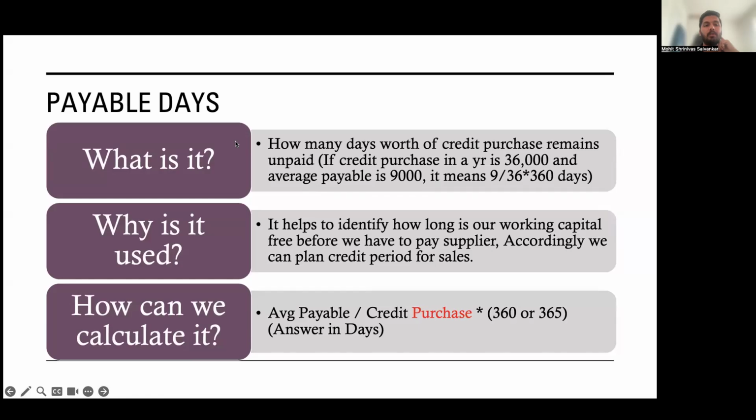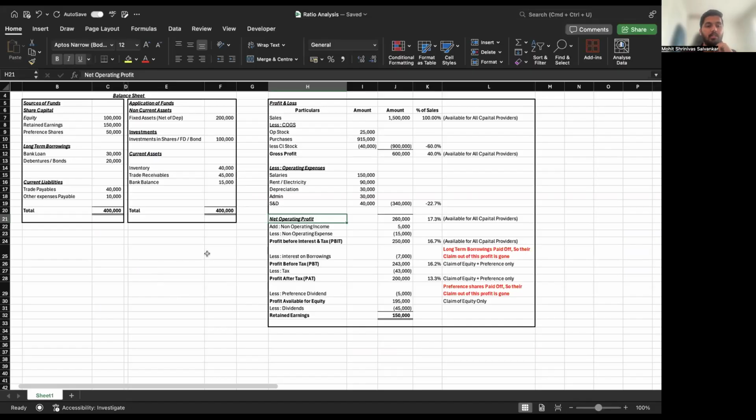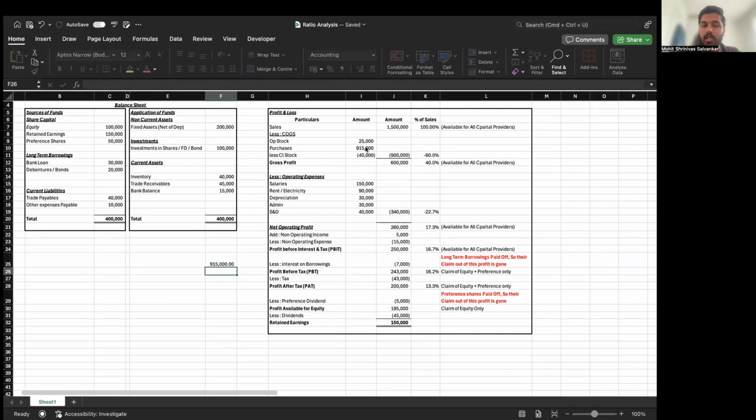When we talk about payable days, again, the logic remains the same. Let's say this entire purchase is credit purchase, and our payables is this amount. If we see what percentage of it is outstanding, it is 4.37%.